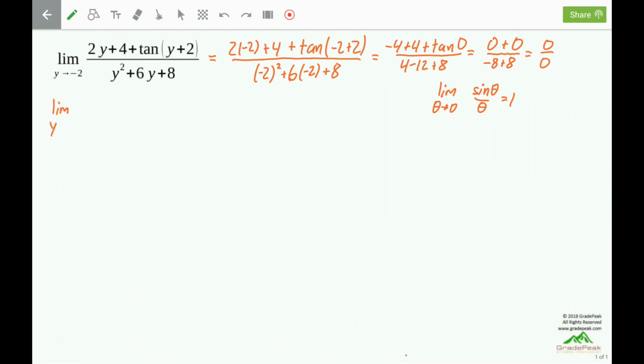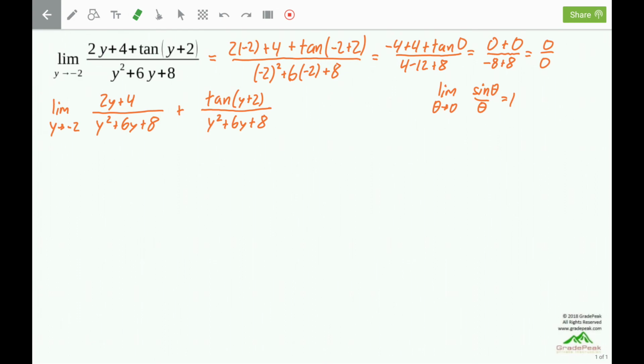So we will have the limit as y goes to negative 2 of 2y plus 4 divided by y squared plus 6y plus 8, added to the tangent of y plus 2 divided by y squared plus 6y plus 8.